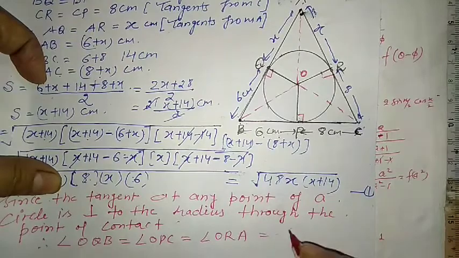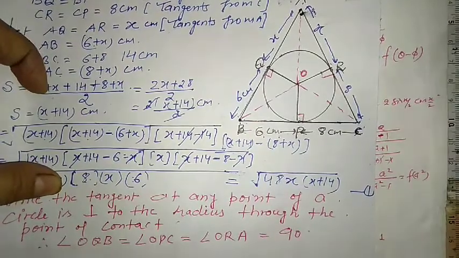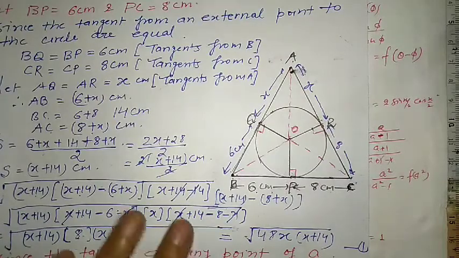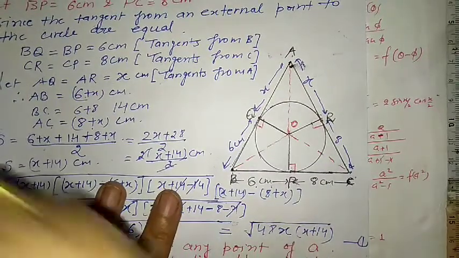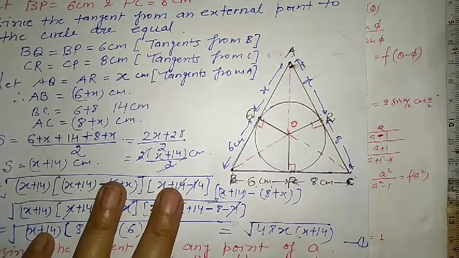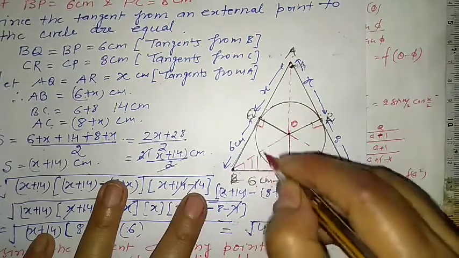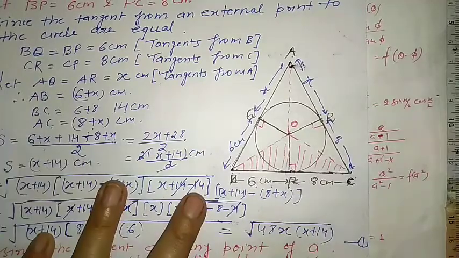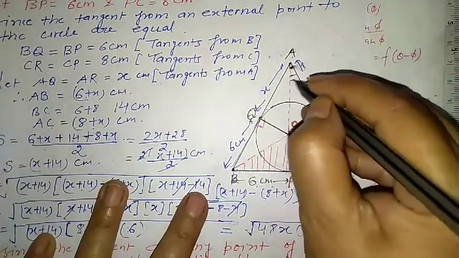All these are equal to 90 degrees. Got it? Now to which we have to compare this area? For that we have here three triangles. This triangle, this one and this triangle.